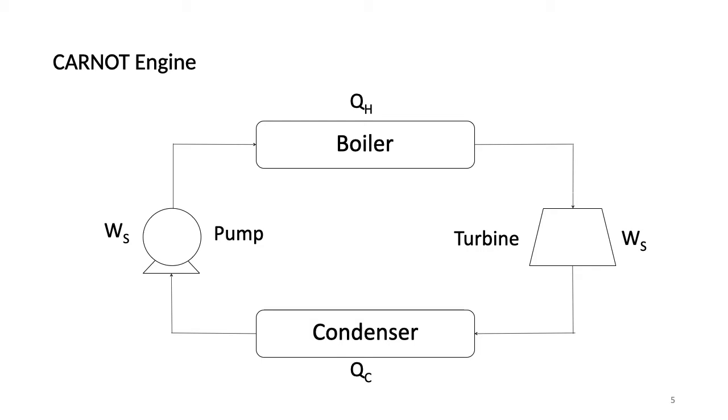In the turbine, adiabatic expansion of the gas takes place and the shaft work is generated. The pump compresses the liquid coming out from the condenser adiabatically and pumps it back to the boiler, which requires some work.